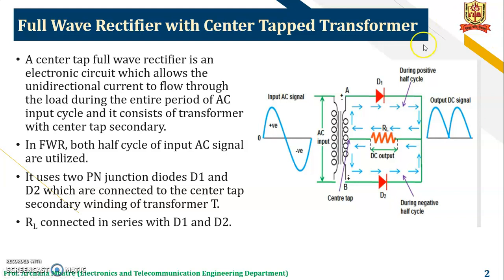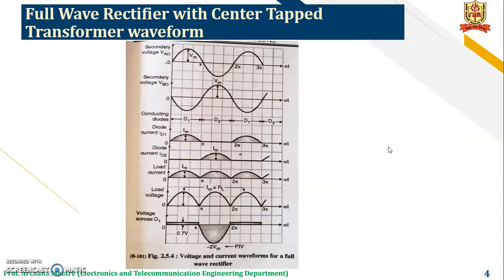Now here you can see that this is point A, this is point O and this is point B. The load resistance is RL, and the output is taken across this load resistor. This is the output waveform of the full wave center tap rectifier.